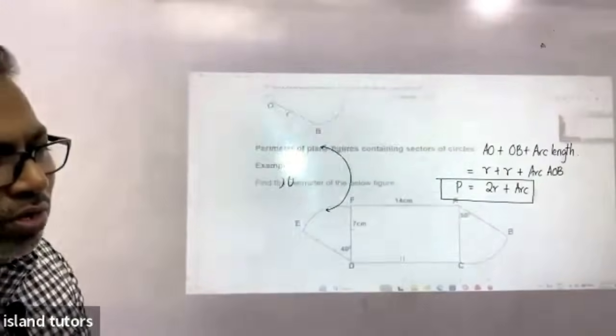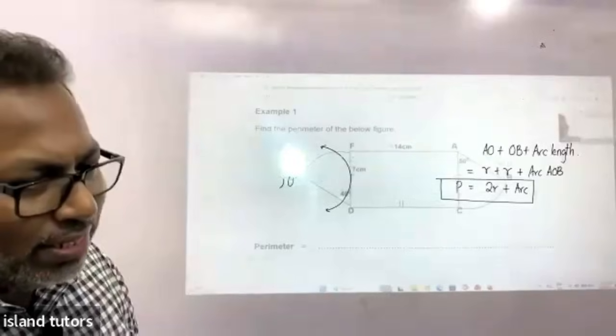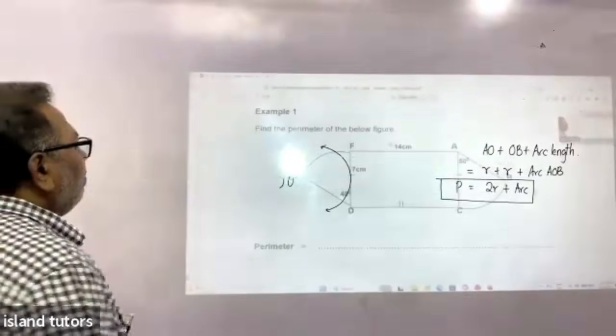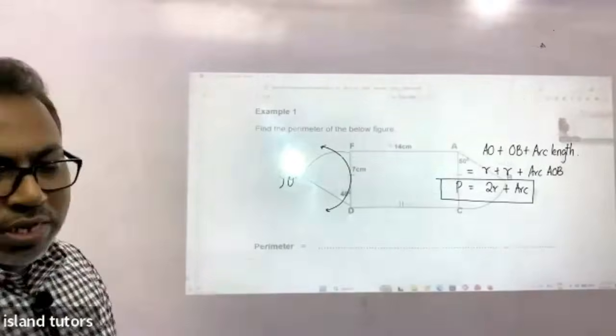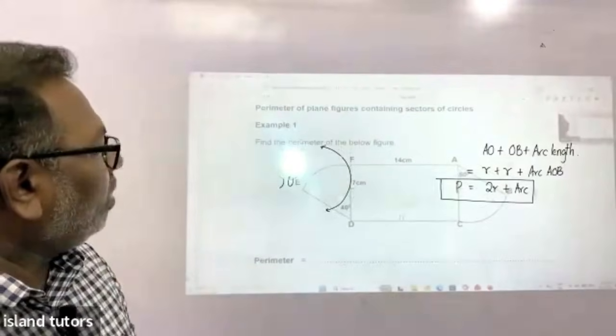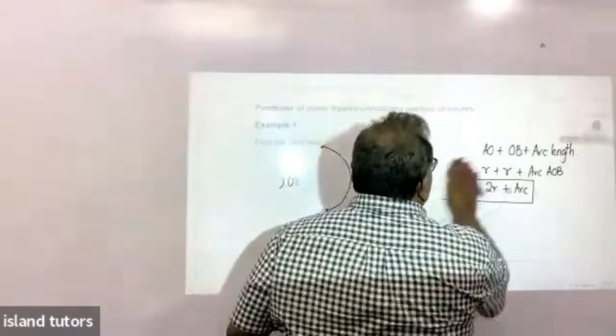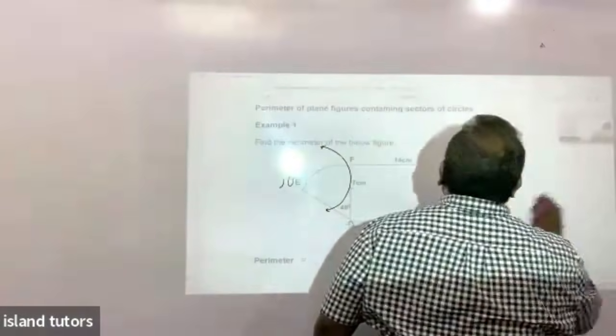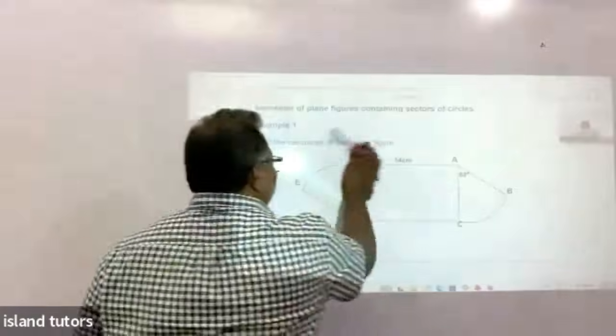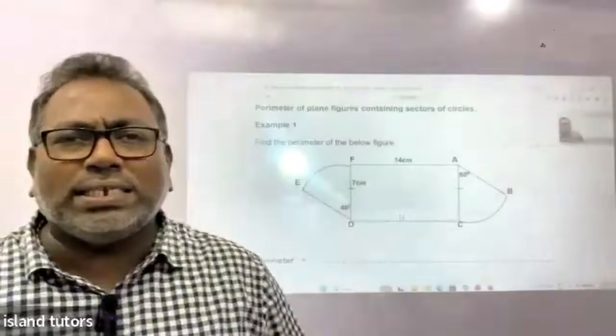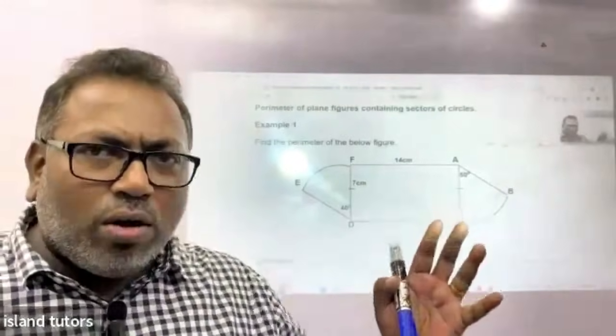Let's go to example 1 and see what is the perimeter of the figure given here. Before we go to that, let's go through the heading. It says perimeter of plane figures containing sectors of circles. So here we are not only looking at a circle, but we are looking at a composite figure.